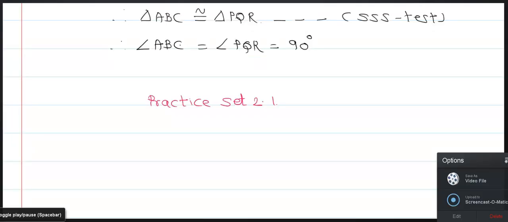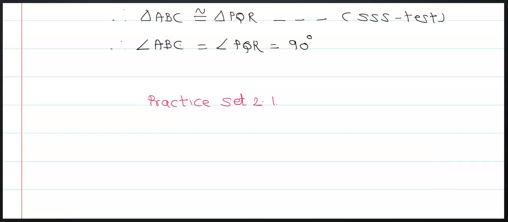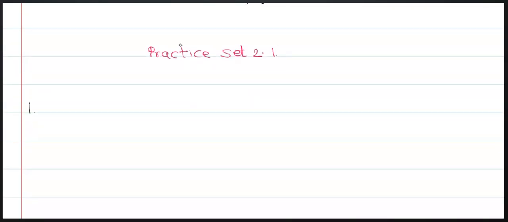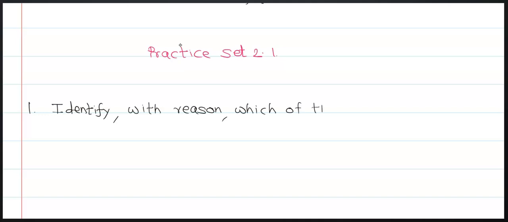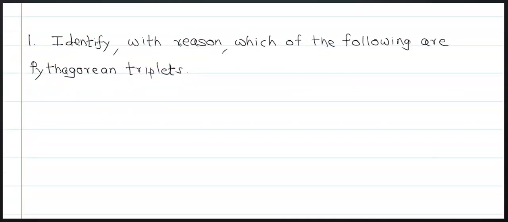Practice set 2.1. Now the first example. Identify with reason which of the following are Pythagorean triplets.